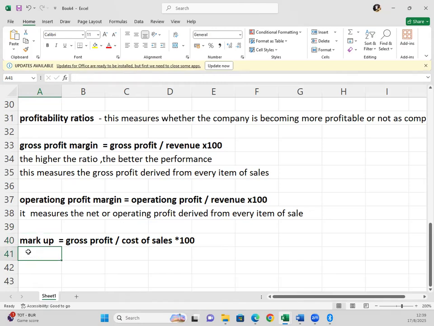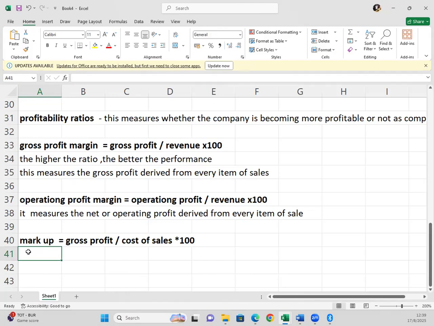What is really the markup? When you buy something, you add a profit to it. So you buy something at a certain cost, you add a profit to the cost. Profit over cost is the markup.